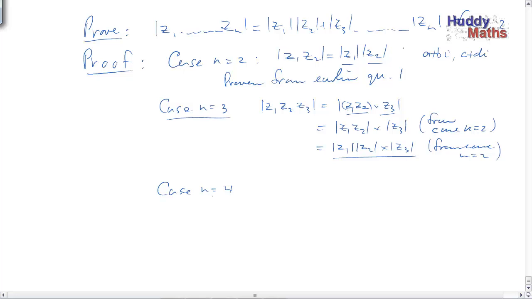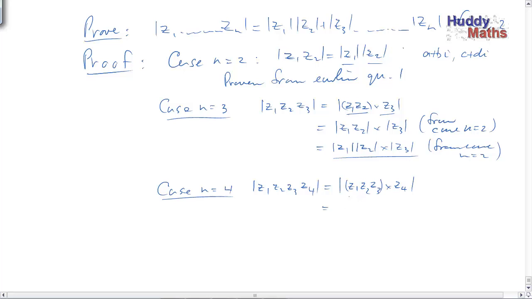N equals 4, sorry. So this is Z1, Z2, Z3, Z4, and we're going to use the same process. It must be an identical repetitive step, otherwise you can't invoke the mathematical induction idea.